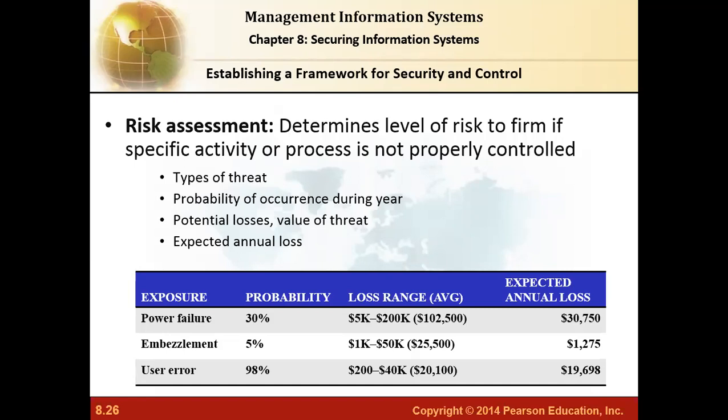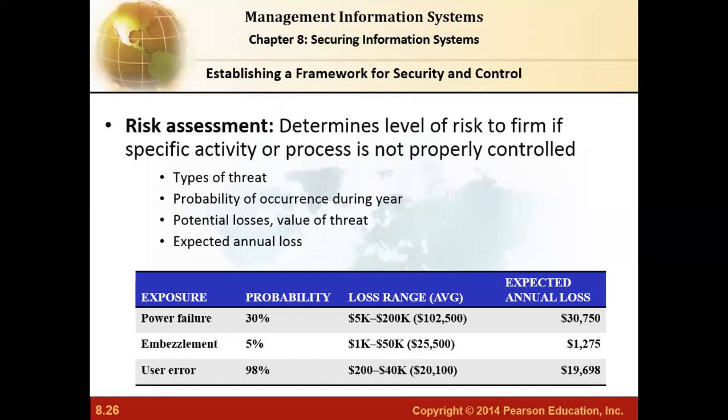Okay, and the other threat maybe is embezzlement. Let's suppose people might do some sort of embezzlement and fraud, and obviously that will be a loss for the organization, and they have calculated the probability, and that is a 5% chance that there will be embezzlement, and it might lead to a loss of $1,000 to $50,000.